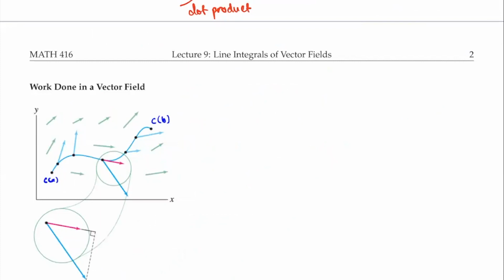So you have this particle, or this object in black, and you want to move this particle along the path, along the curve C.